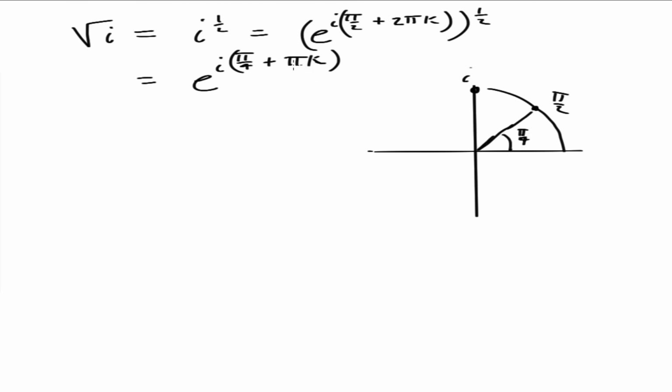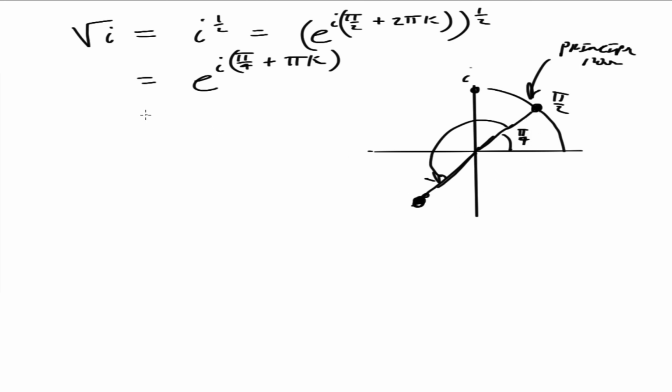And then now we're going to add multiples of pi to this. So our root goes around like that. That's for k is equal to 1. So we have another root over here. So this is again the principal root, and there is the auxiliary root on the other side.